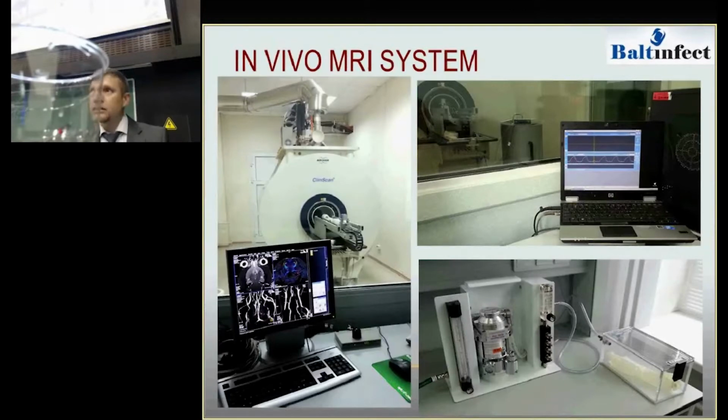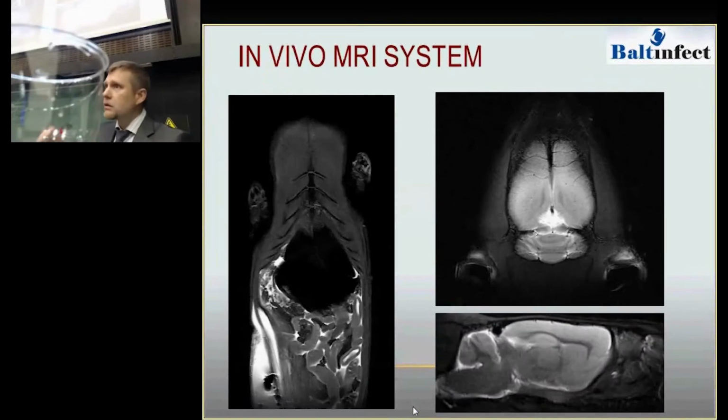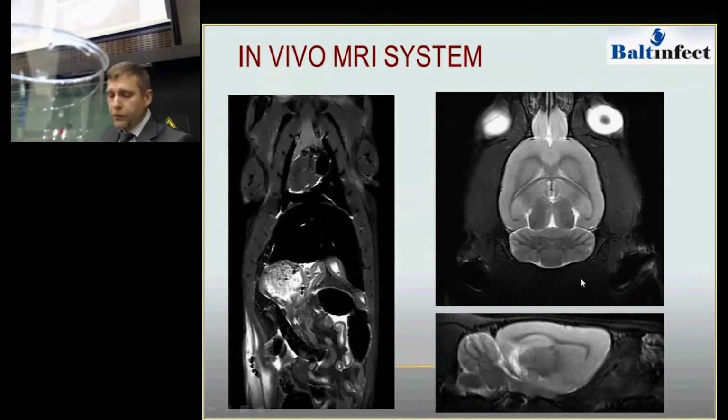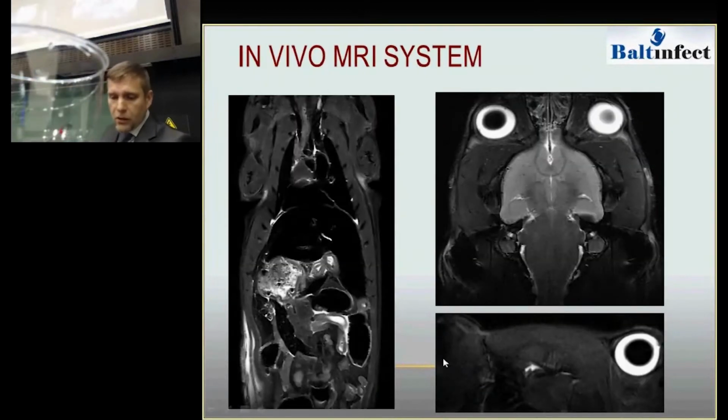We have some facilities for in vivo studies. For example, we have an in vivo MRI system, 7 Tesla, so we can investigate rats and small animals with almost histological resolution. You can see the brain and the body.